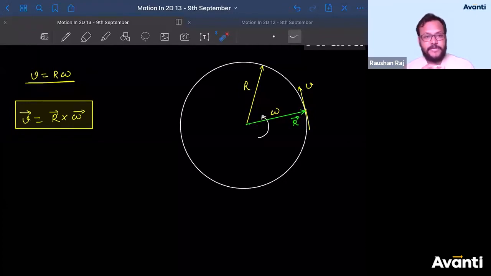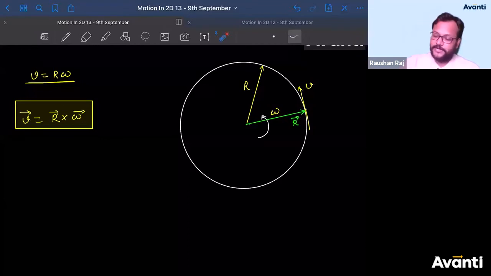Then the thumb will give you the direction of omega. So omega is what? Out of the plane. Guys, click yes if you can recall the direction of omega. All right.